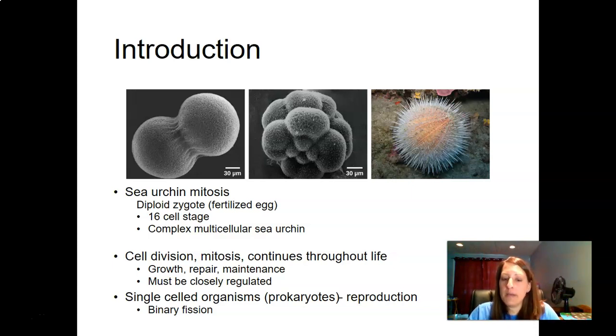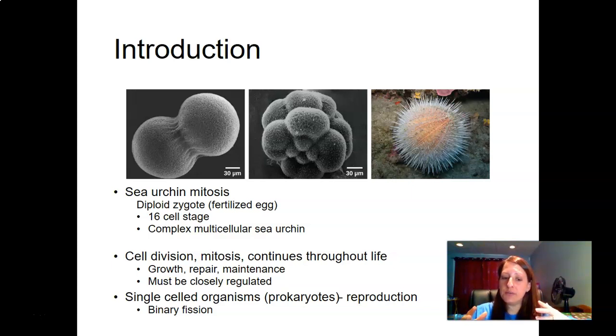An important thing to remember, and we're not going to touch on this part of the chapter, but I welcome you to read it if you have time. Cell division or mitosis must be closely, tightly monitored or regulated. And so your cells have mechanisms in place to really monitor this process to make sure that mitosis is controlled.